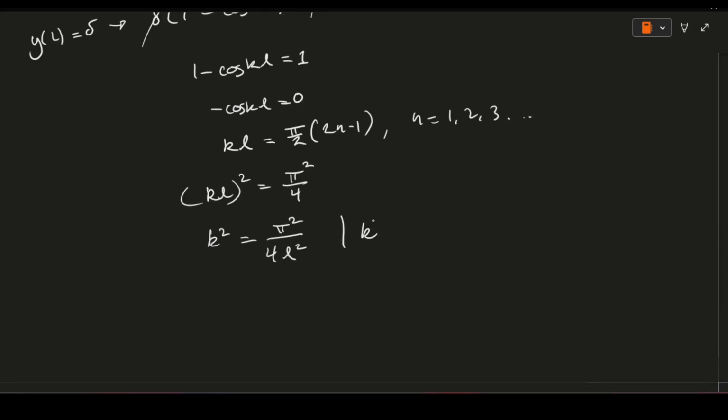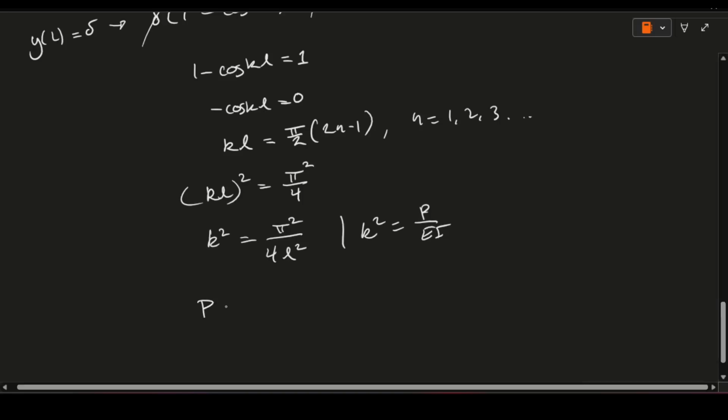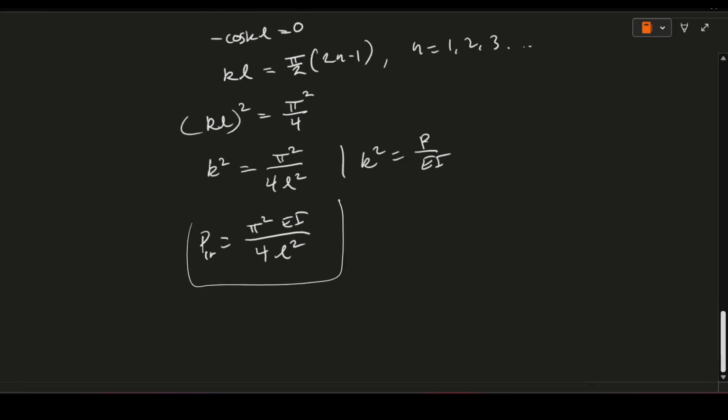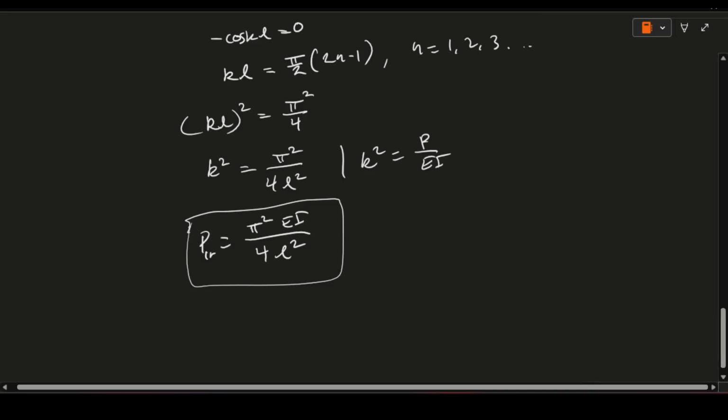Use the fact that k squared is equal to P over EI, and we can solve for P. So P is equal to pi squared EI over 4L squared. And that's the critical load. Yeah, so that was this example.